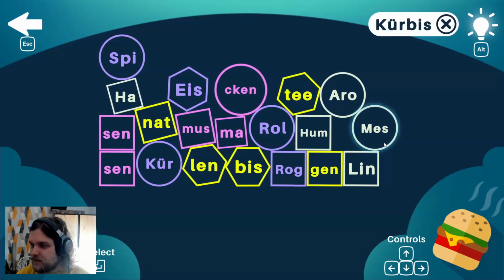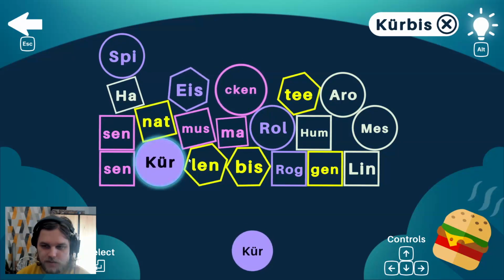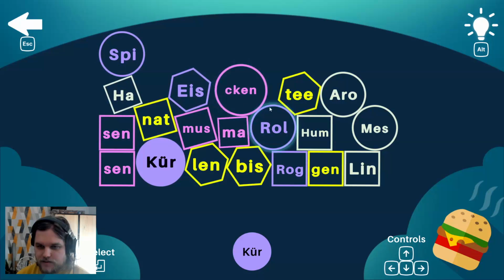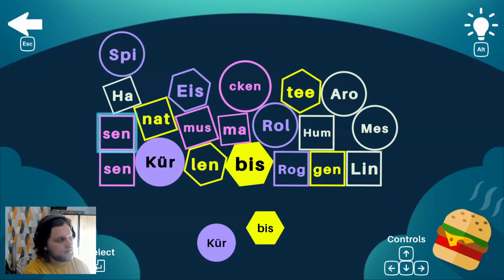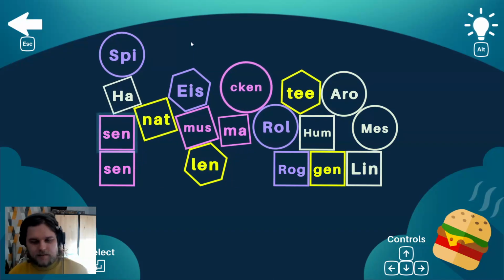Okay, maybe some Corbis. I don't know. What's a Corbis? Okay, so Corbis is a pumpkin.